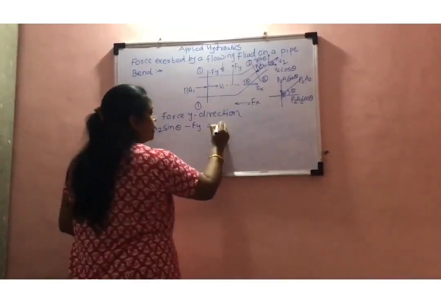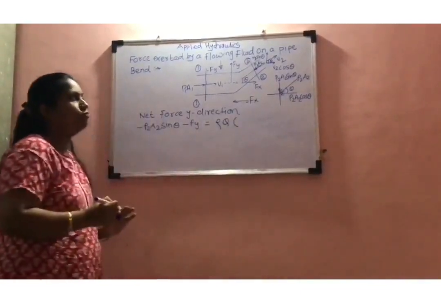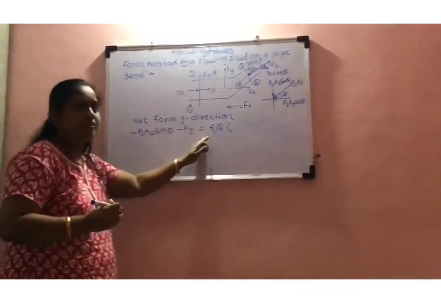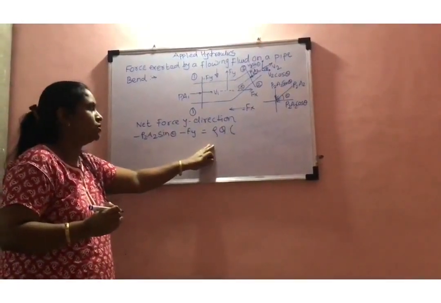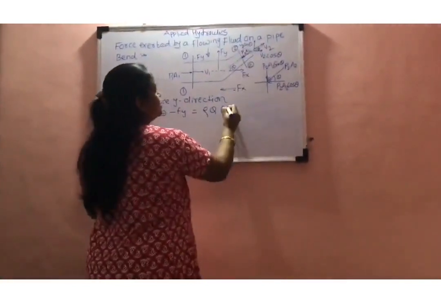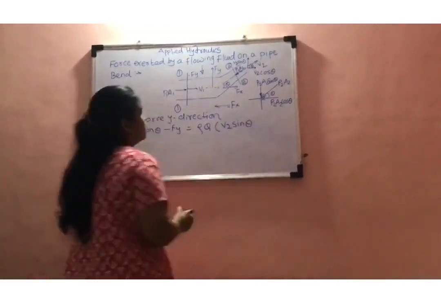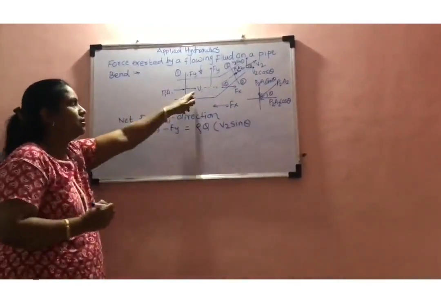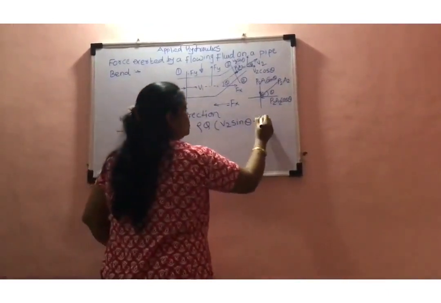So the mass flow rate is rho Q, and the change in velocity means final velocity minus initial velocity. So here the final velocity is V2 sin theta minus, here the initial velocity is only along the x direction, so this becomes 0.